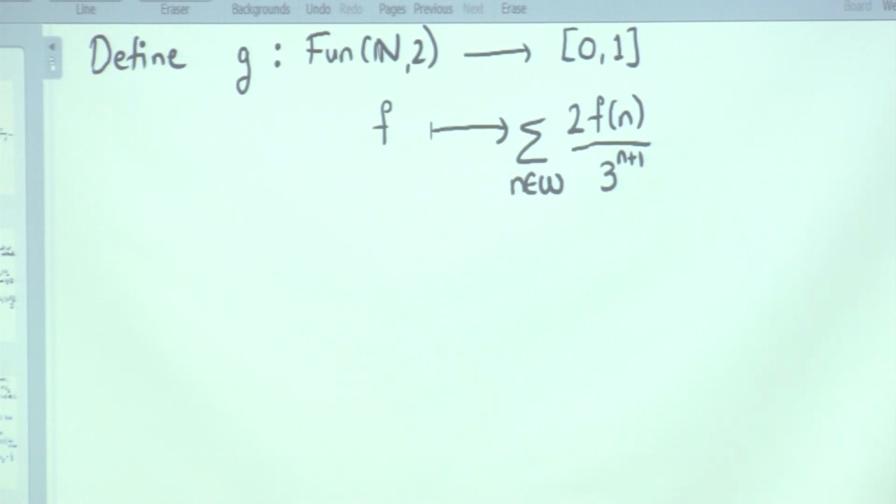So this is precisely a point in the Cantor's middle third set. So the image of G is precisely C.